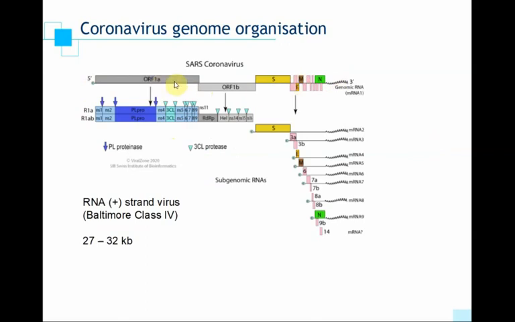The ones at the 5' end can be translated into two big polyproteins straight from the genomic RNA, whereas all the other 3' open reading frames have to be translated from shorter messenger RNAs.